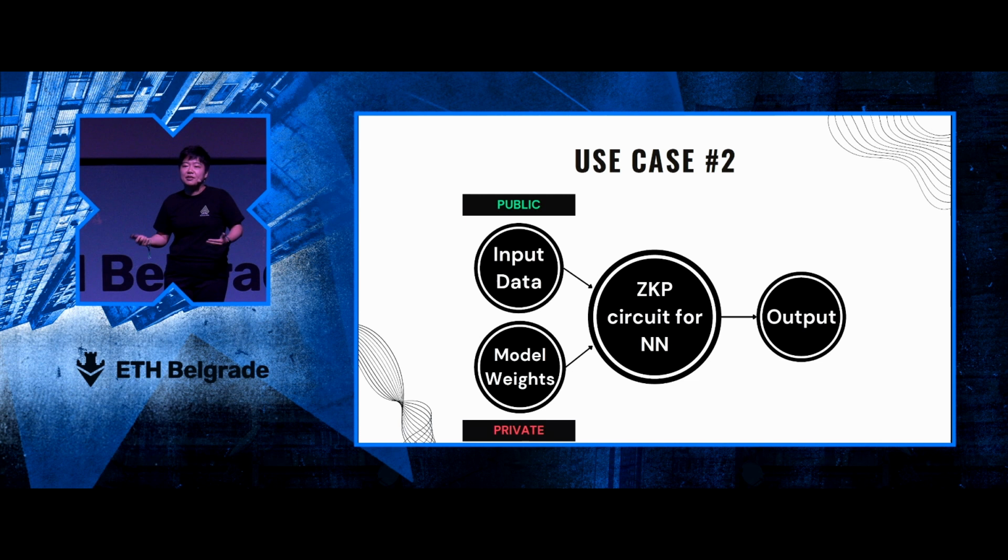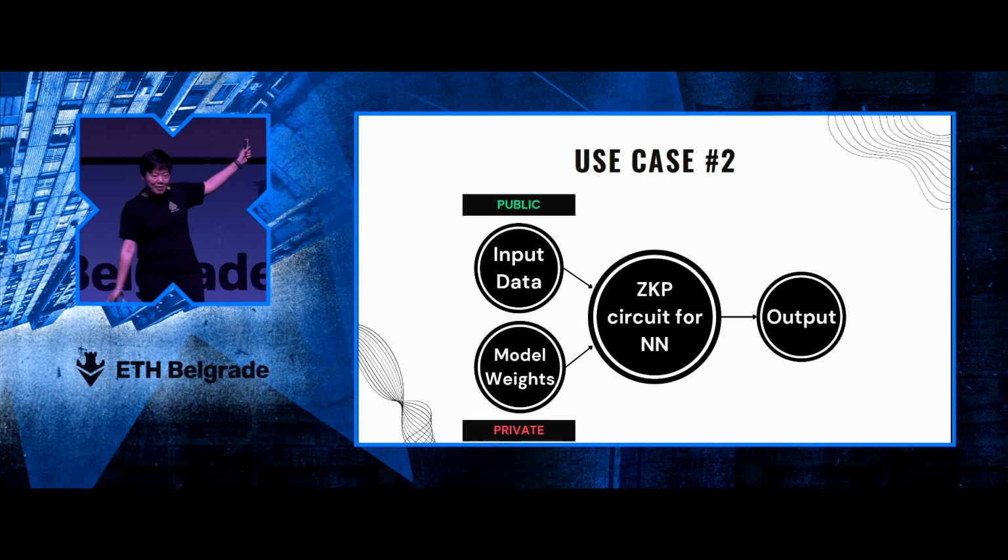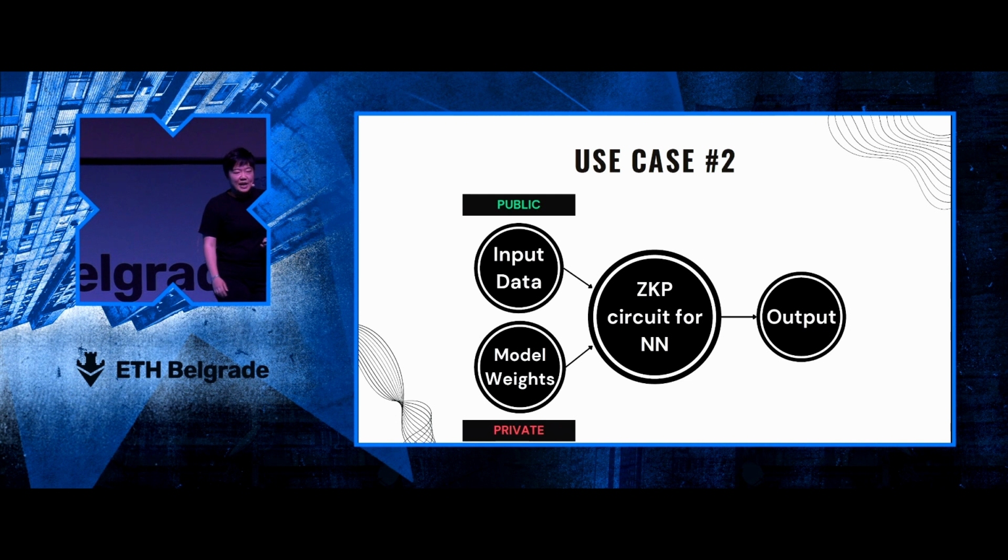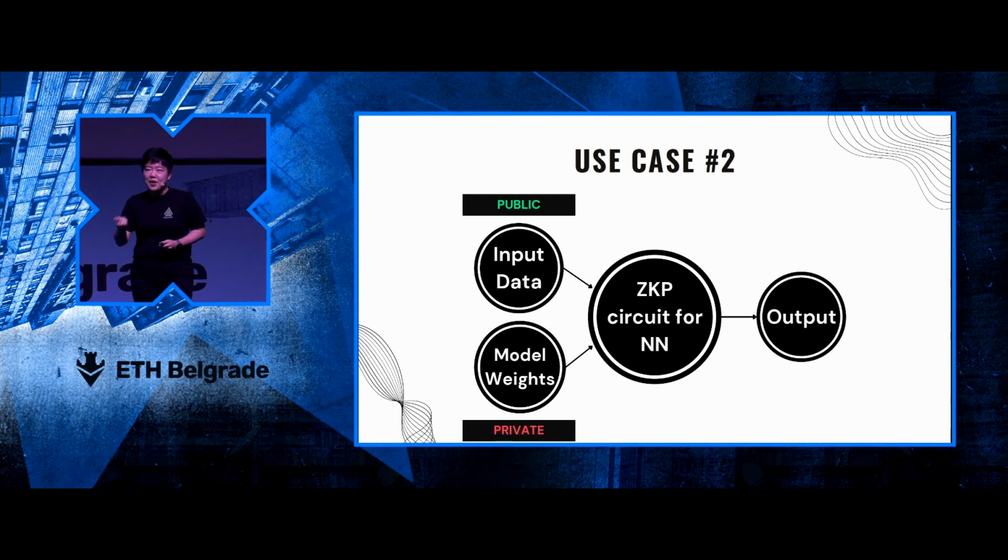People tend to think that the blockchain has to be all transparent, but in this case, if we can at least keep the model weights private, which is the most expensive part of a machine learning training process, then there are tons of use cases for that.